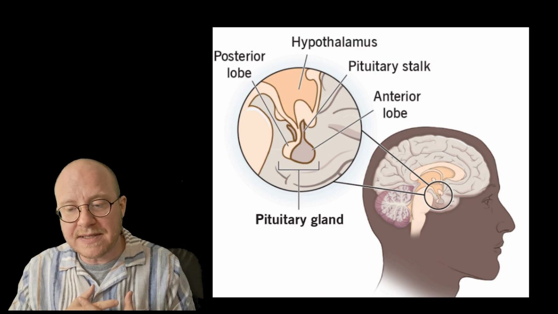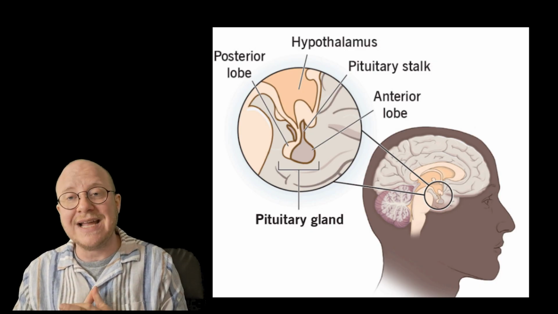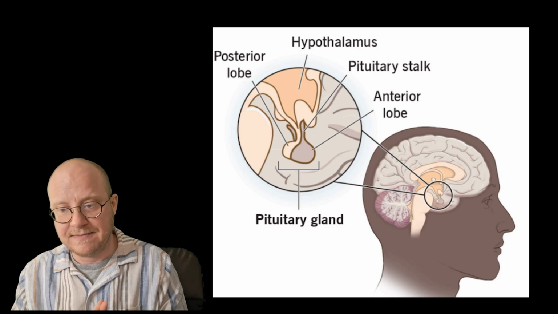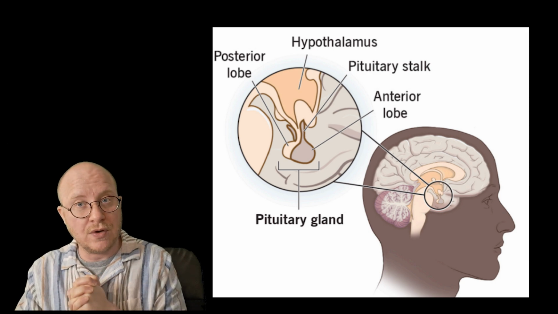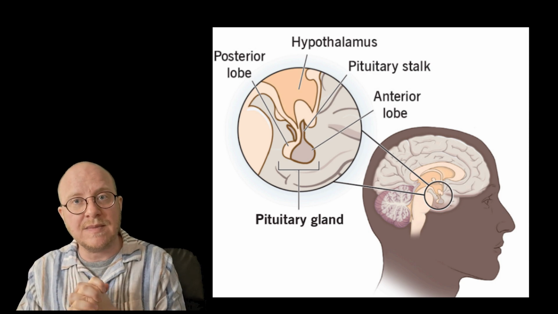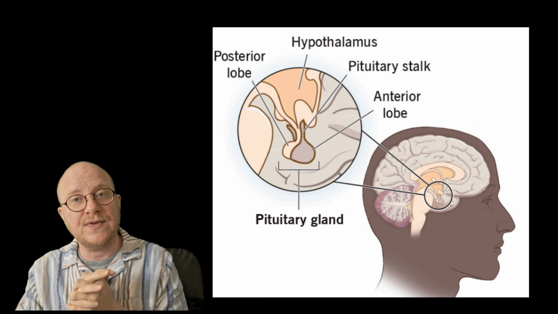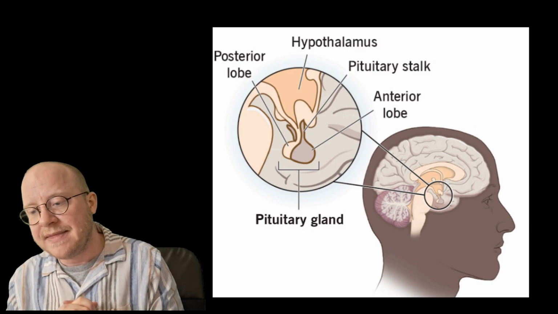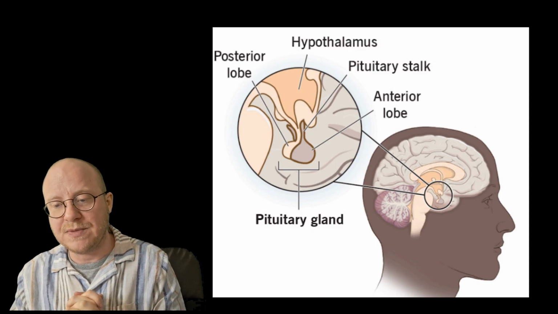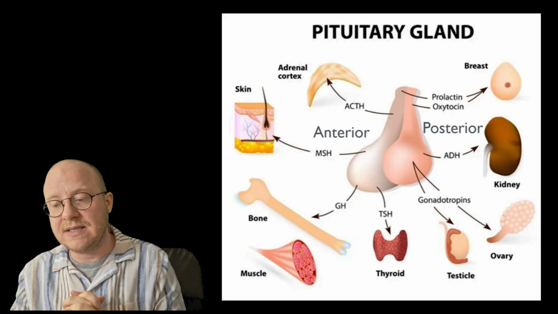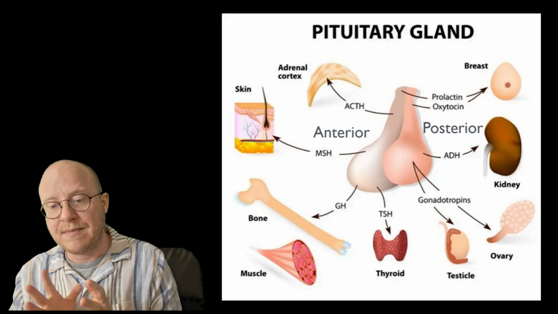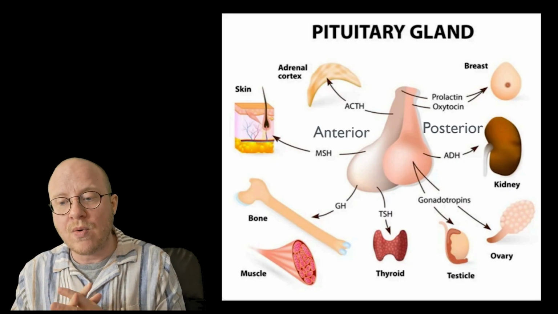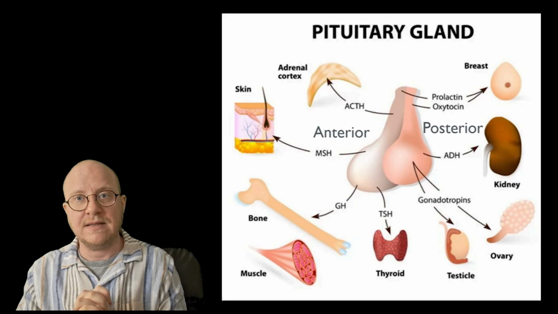The hypothalamus is composed of both neurons and glandular cells. So it is a mixture of neurons, cells from the nervous system, and glandular cells, cells from the endocrine system. The glandular cells of the hypothalamus produce hormones that either stimulate hormone release by the pituitary glands or inhibit their release. So stop them.